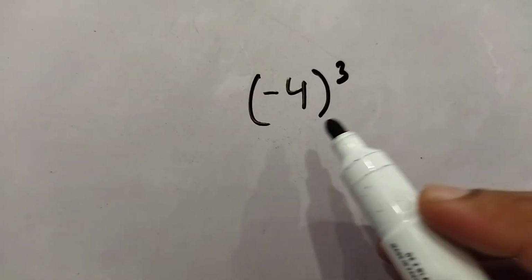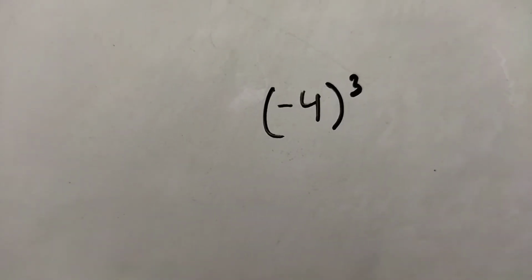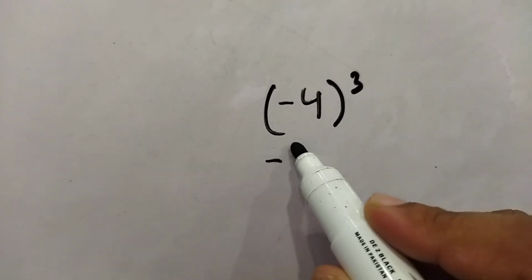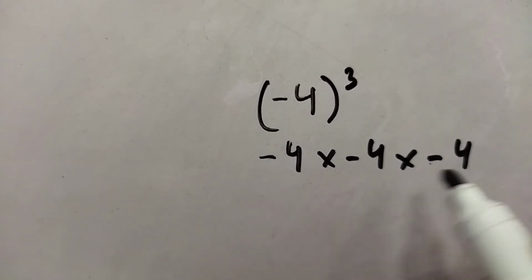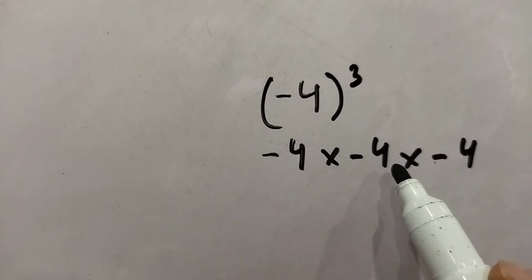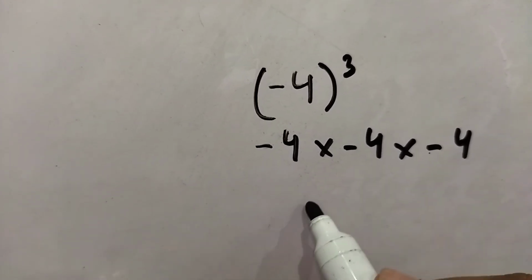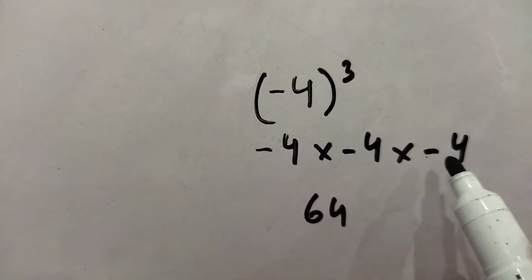In contrast to it, if I have an odd power, I'll expand it 3 times, right? Minus 4 into minus 4 into minus 4. 4 into 4, 16. 16 into 4 is 64. And this minus minus plus, plus minus minus.